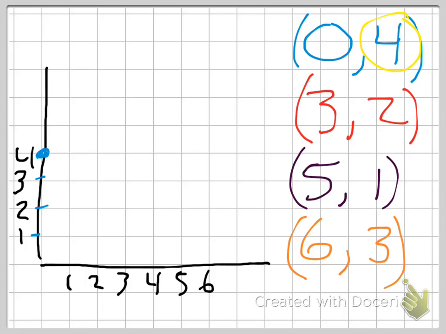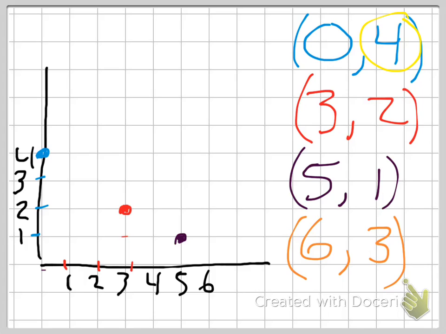My next point was at (3, 2), so I'm going to walk over 1, 2, 3 first, and up 1, 2, and I'm going to place my mark right on the lines at (3, 2). My next one is at (5, 1), so I'm going to walk over 5 to the right, and up 1, and I end up right on that point there.